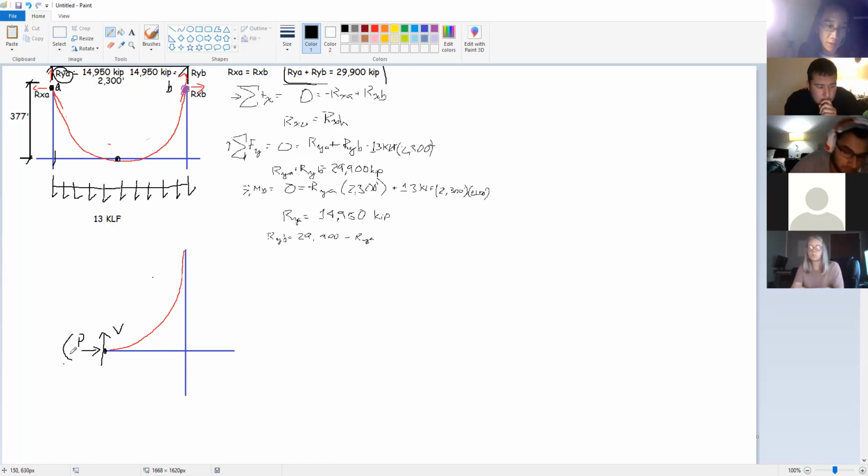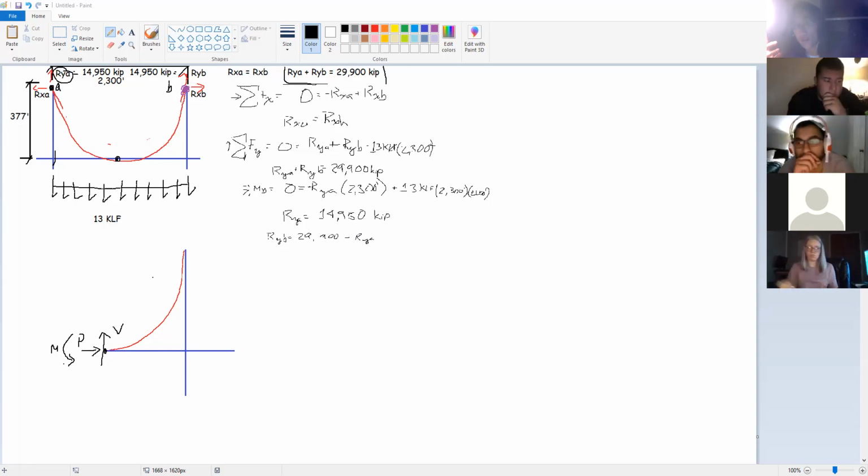And there's going to be a moment reaction as well, that's going to be an M. Remember, when we take summation of forces in the X direction, summation of forces in the Y direction, and summation of moments, this is the exact same thing. It's the same three measurements to define a part of a body.